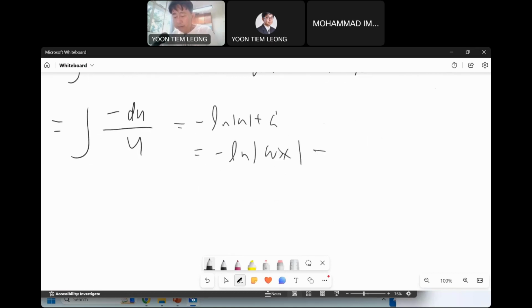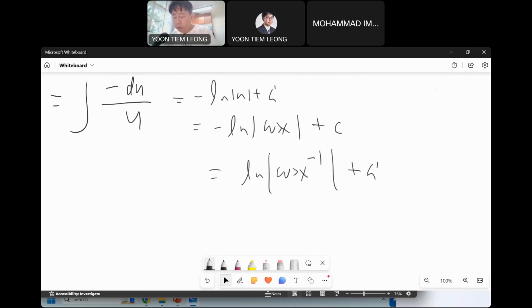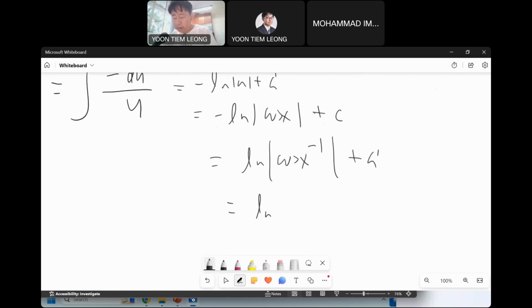If you want to simplify this further, you can write this as cos of x raised to the power of minus 1 in absolute sign, and 1 over cos of x is just secant of x.